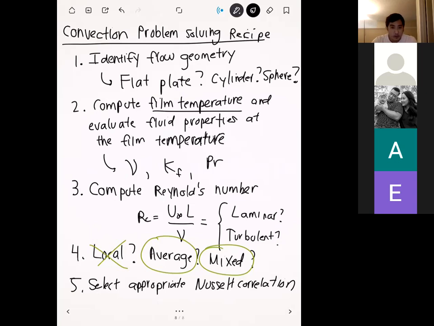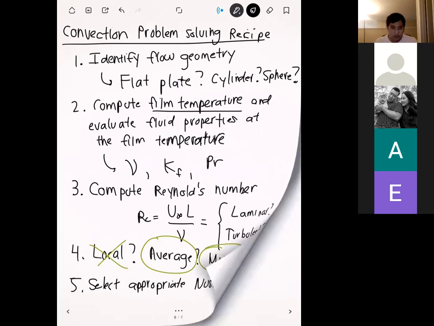Okay. All right. So let's go ahead and do an example. Let's say that we're designing our own computer. So let's say that we're building our own computer, and right now we're dealing with the fan.